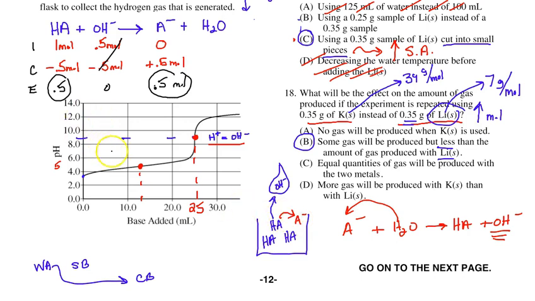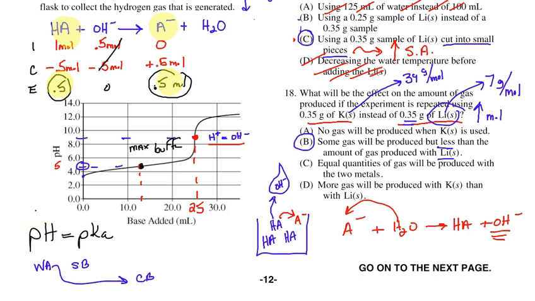That will give me a halfway equivalence point, which I call max buffer, because I have equal amounts of acid and base, and because I know the pH equals the pKa when these values are equal, I can just take half of the equivalence, read off my graph, and find my pH.